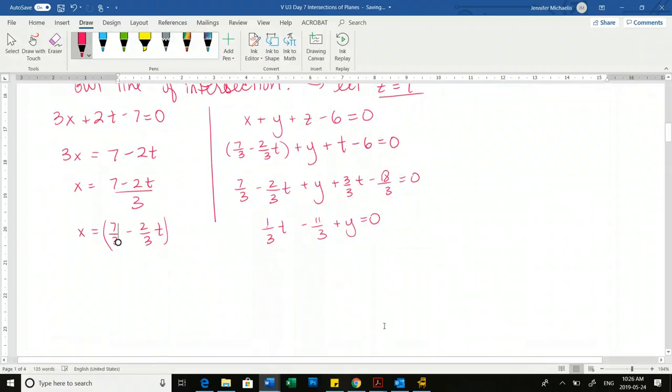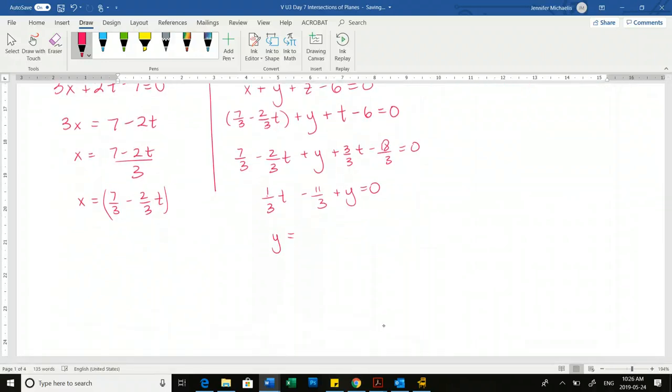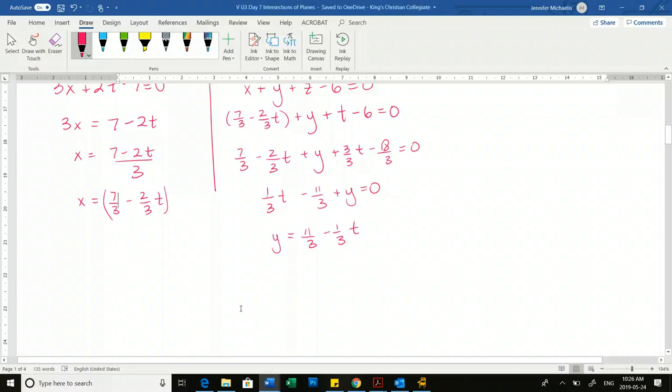And then we're just going to move everything to the other side here. So it'll be 11 over 3 minus 1 over 3t.